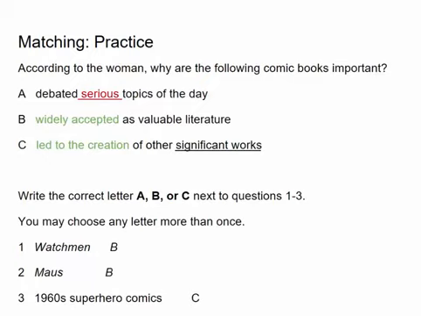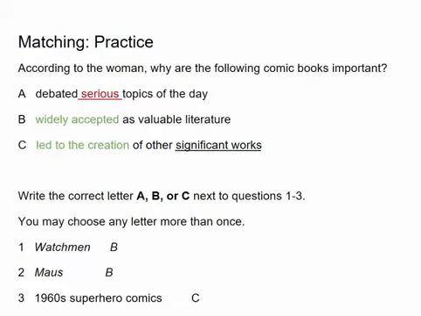Now, A might have been tempting, but the tricky word, the word that was put in there to possibly cause problems, is the word serious there. There's no discussion by either speaker of how these comic books debated serious topics of the day. That would be like discussing controversial issues. All right. There's no discussion about why these books are important due to their coverage of difficult or debatable topics at all.